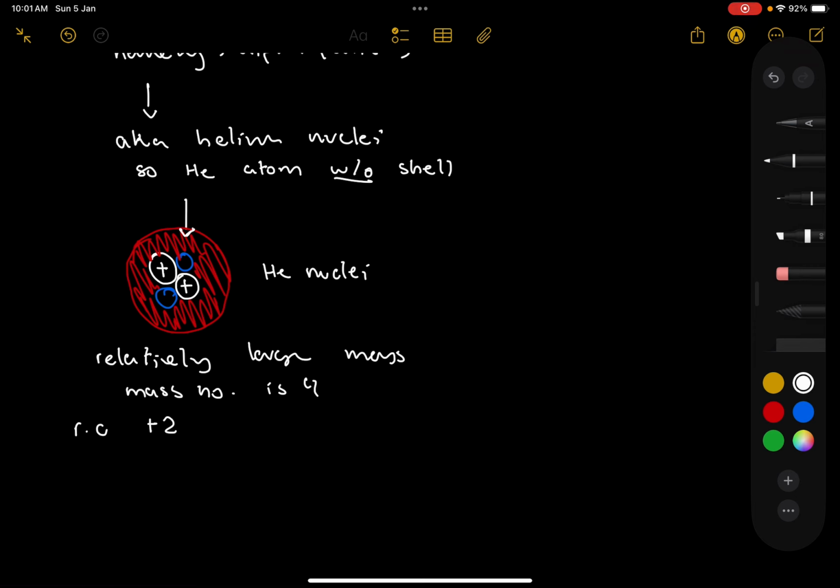The stability of the nucleus depends on the proportion of protons and neutrons it contains. And the result of decay is to change the balance of protons and neutrons in the nucleus to make it more stable. So beta minus decay involves a neutron in the nucleus splitting into a proton and an electron.